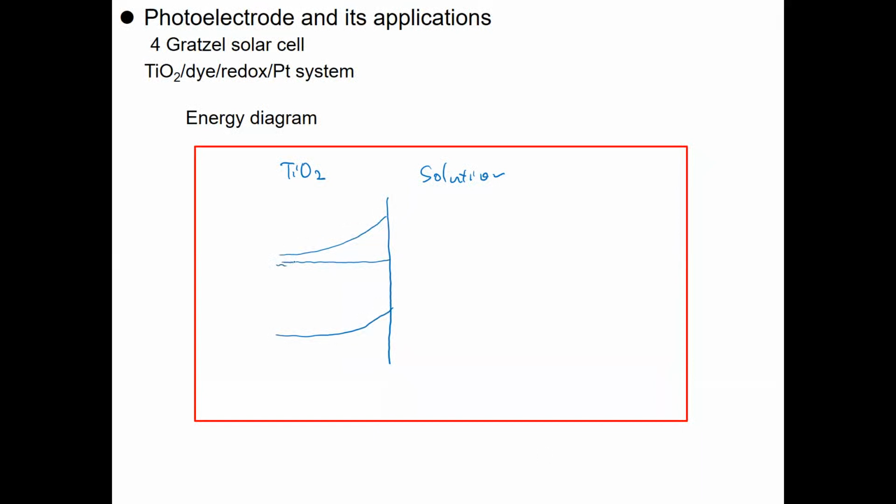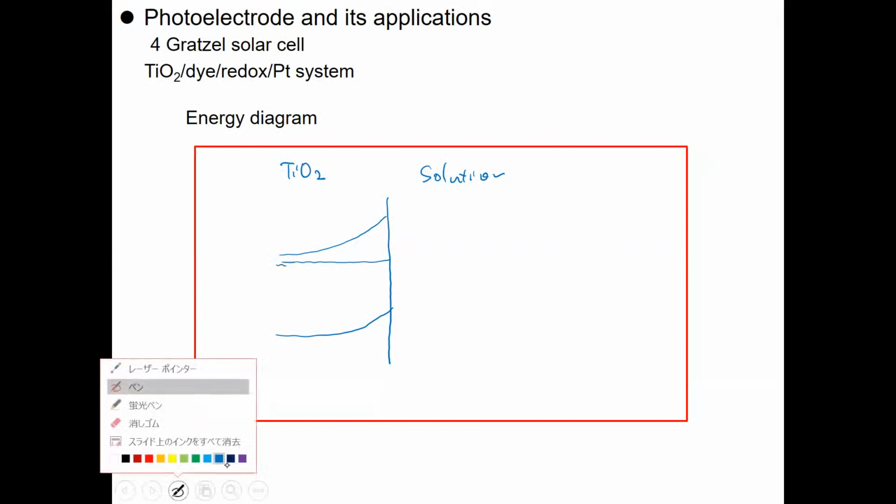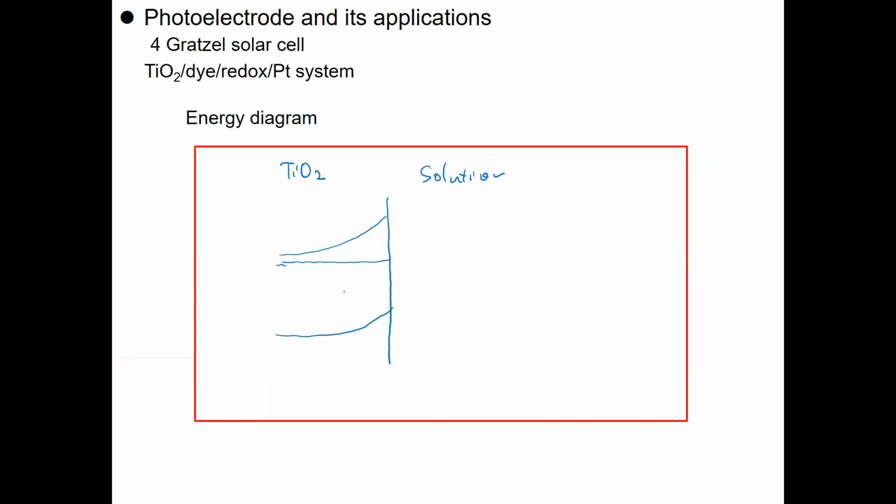And as I mentioned in the photocatalytic applications, when the light is illuminated, the electrons and holes are generated and then move like that in a photocatalytic application.